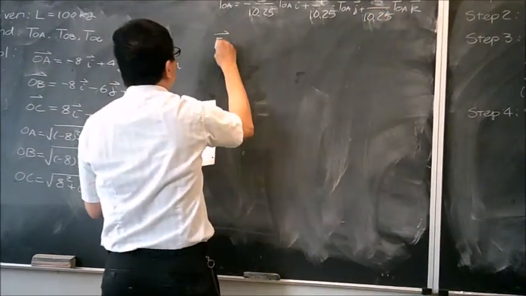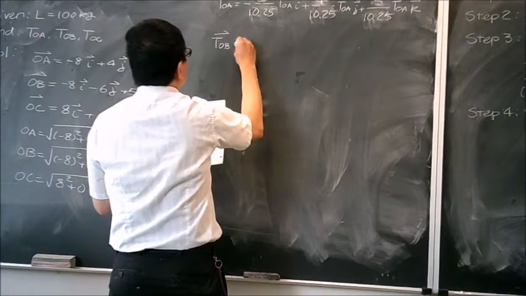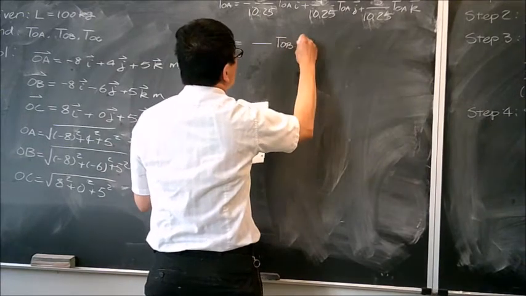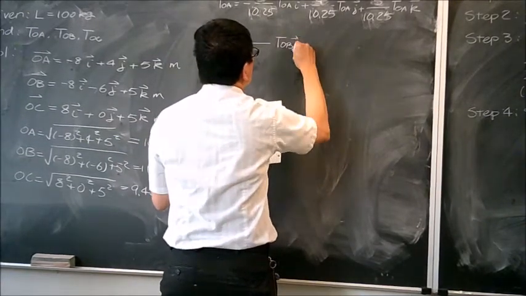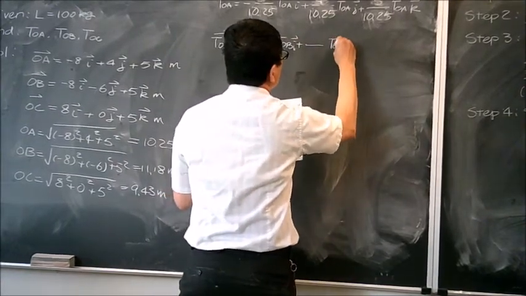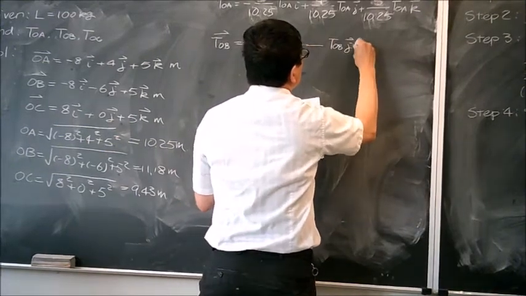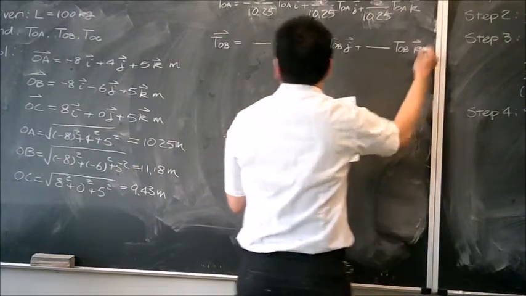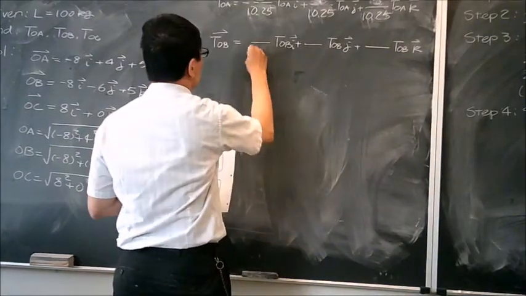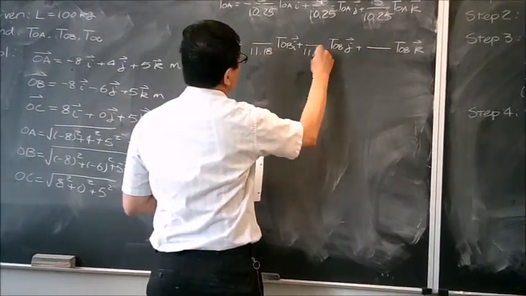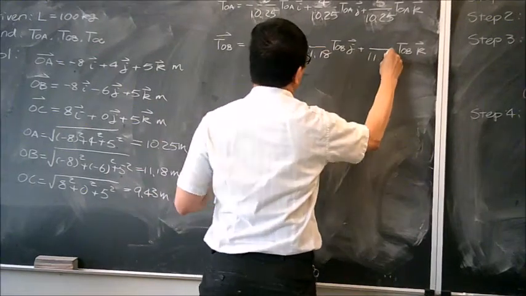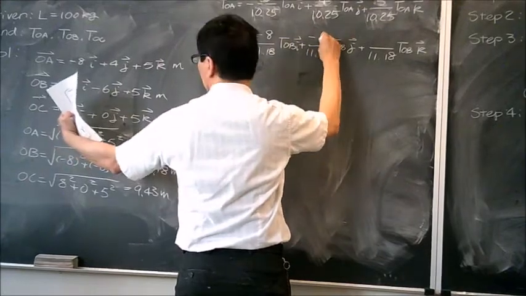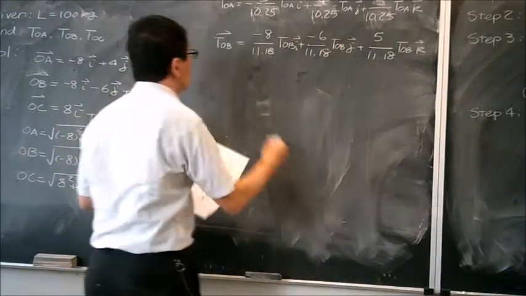Okay, so POB is going to be, the total length is 11.18, and that is going to be negative 8, negative 6, 5.